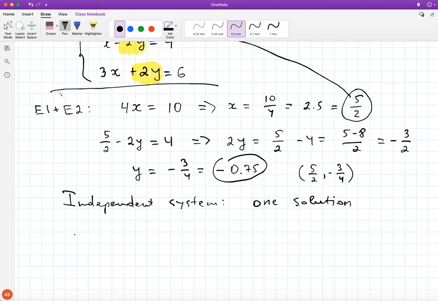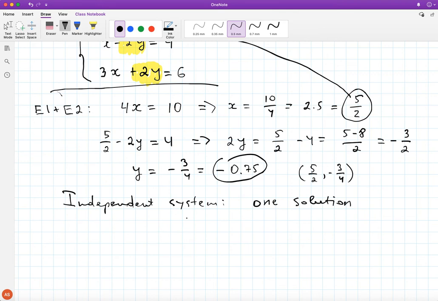Now, it is possible for a system to have many solutions, in fact, infinitely many solutions. And it is also possible for the system not to have any solutions. It is quite easy to see this graphically.